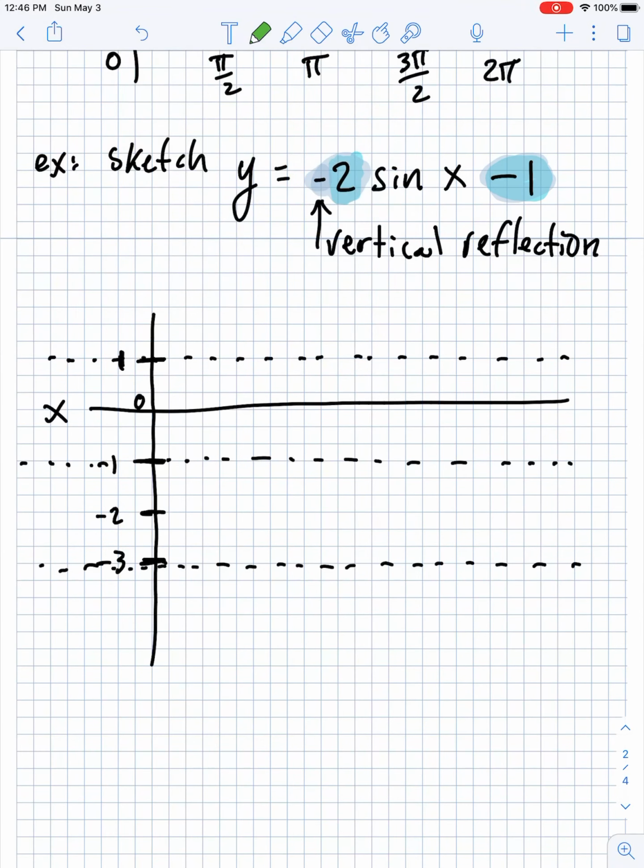It's upside down because of the negative. So it's still going to start at the center line, but instead of going up the mountain this way, it's actually going to go down into the valley first. Oh, I didn't put my 0. Let's go make this 2 pi. This is pi. 3 pi over 2 and pi over 2.